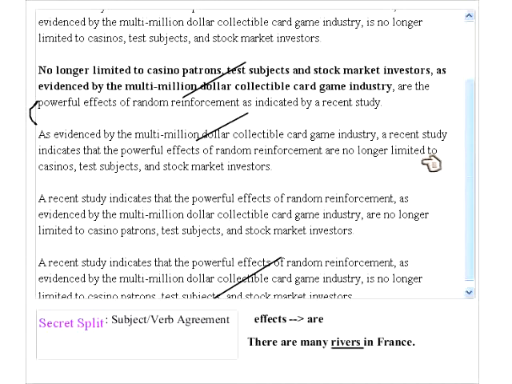Yeah, this is our modifier, as evidenced by the multi-million-dollar collectible card game industry. Okay, what is it modifying in C? Yeah, it's modifying a recent study, right? A recent study. Now, what is it modifying in D?